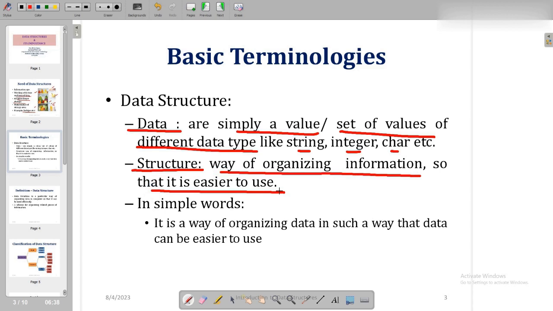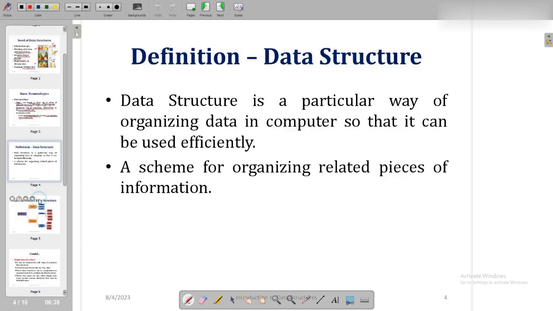In simple words, a data structure is a way of organizing data in such a way that data can be easier to use. This is the proper definition of data structure: it's a particular way of organizing data in a computer so that it can be used efficiently, a scheme for organizing related pieces of information.